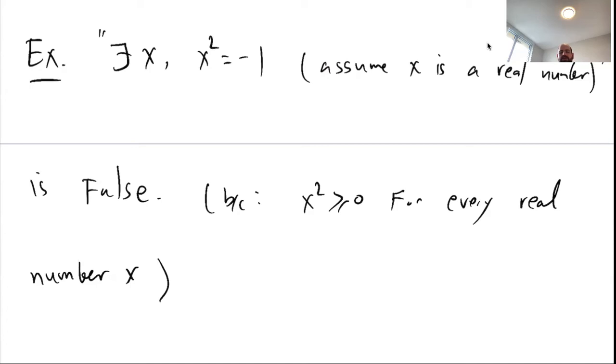But other than that, you can always assume at the college level that the numbers come from the set of real numbers. And if x is a real number, x squared is always non-negative, and therefore it will never be equal to -1. So I can say there does not exist any x with x squared equals -1.